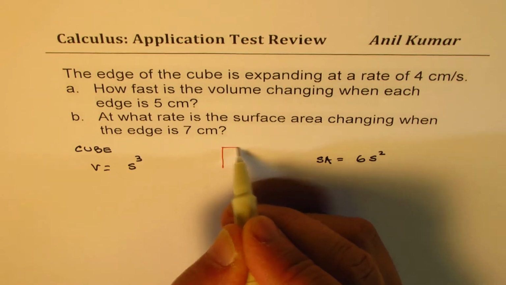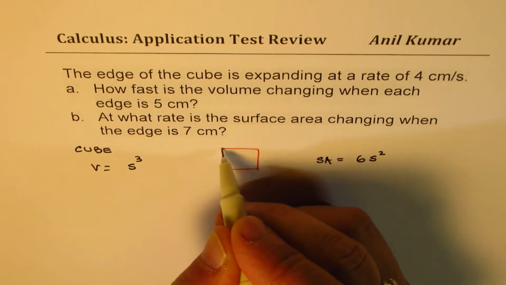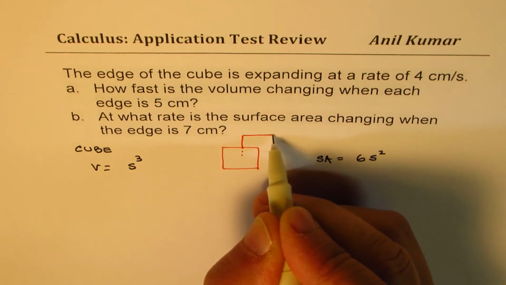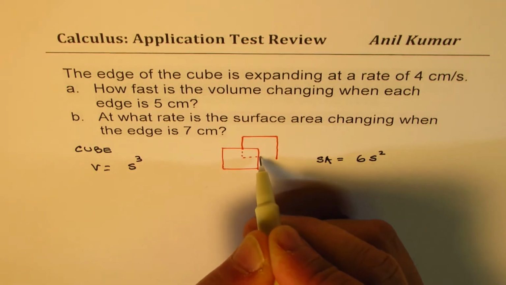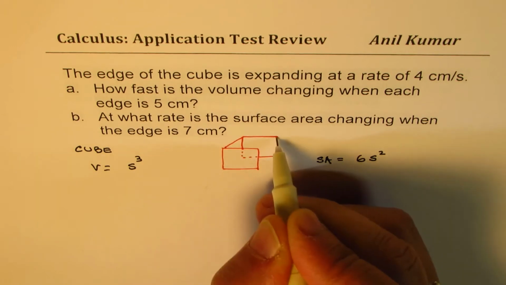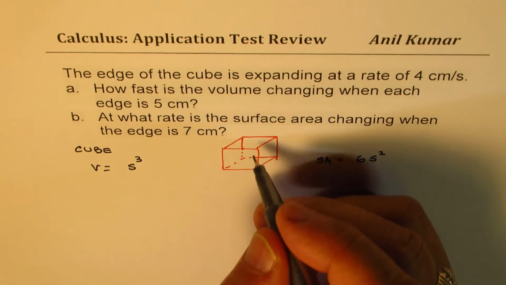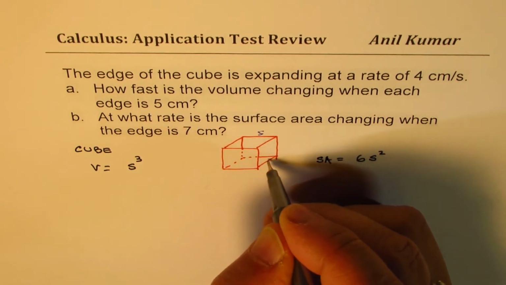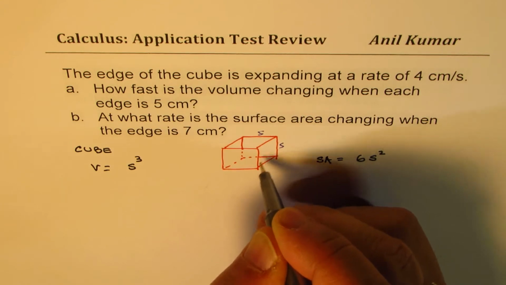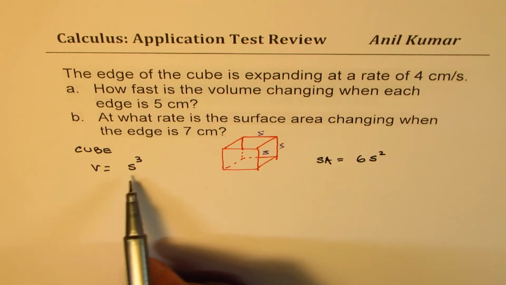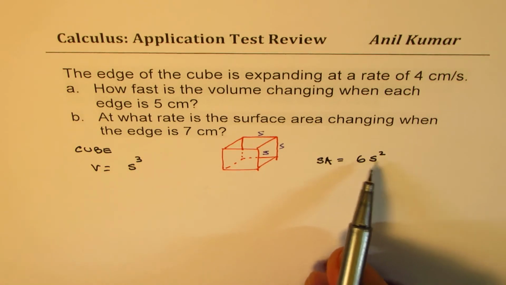Let me just make one here. Okay, so that's an easy way of making a cube, where we are given that each side is S units. Is it okay? So that is how the cube is. So volume is S cube and surface area 6 S squared.